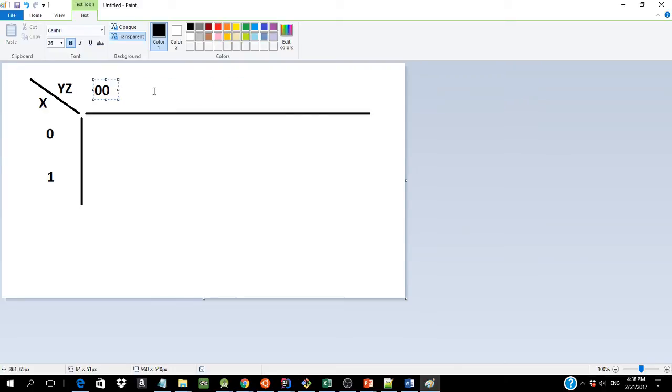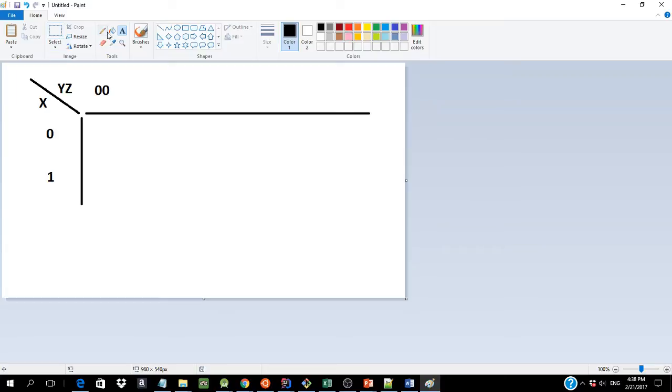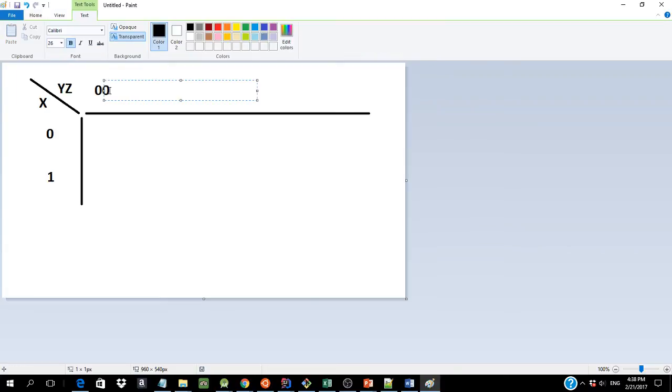And then the next one is 0, 1, right? I can just use that actually. 0, 1, and what else? 1, 0, and 1, 1.